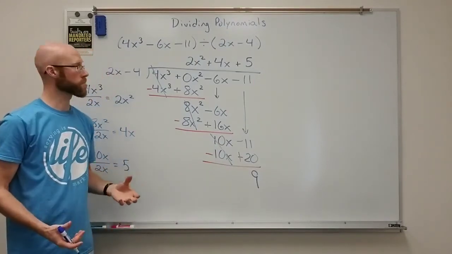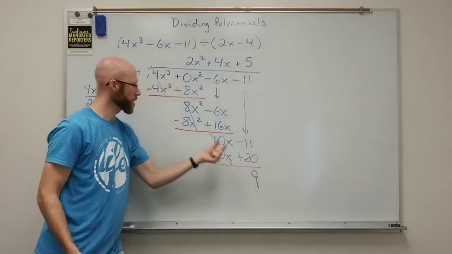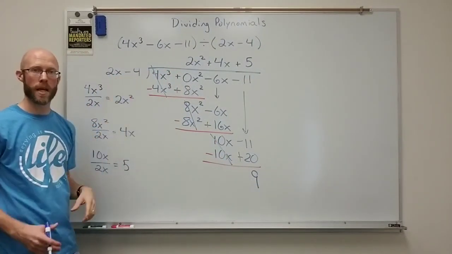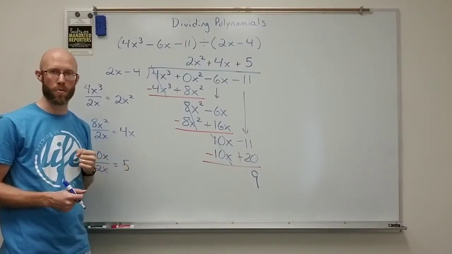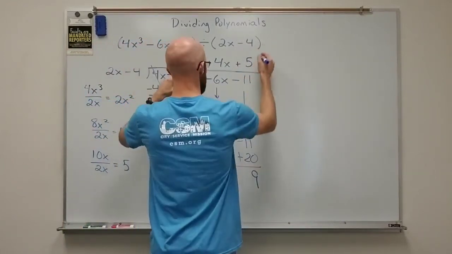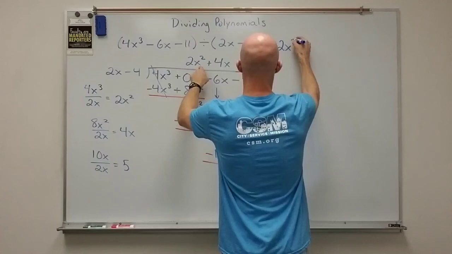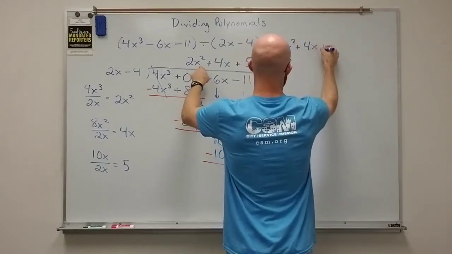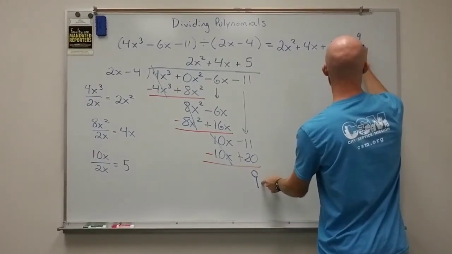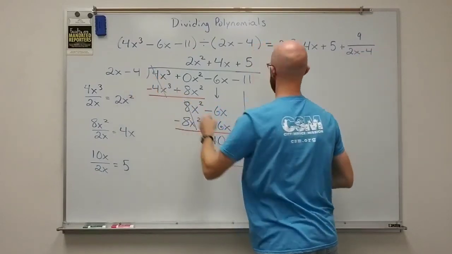And so our final answer is going to be the quotient plus 9 over the divisor. Okay? So it's going to be that mixed polynomial rational expression stuff. So when I write this out, in fact, I may go right up here to the top. It's going to be 2x squared plus 4x plus 5 plus 9 over 2x minus 4.